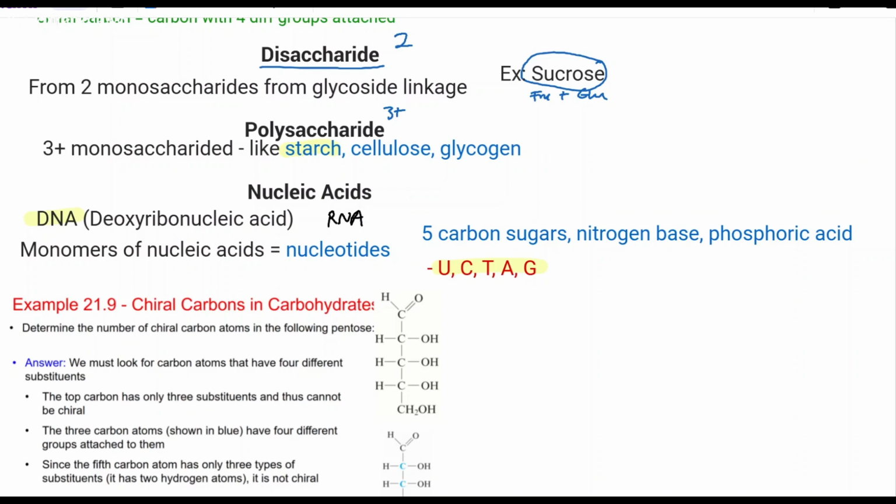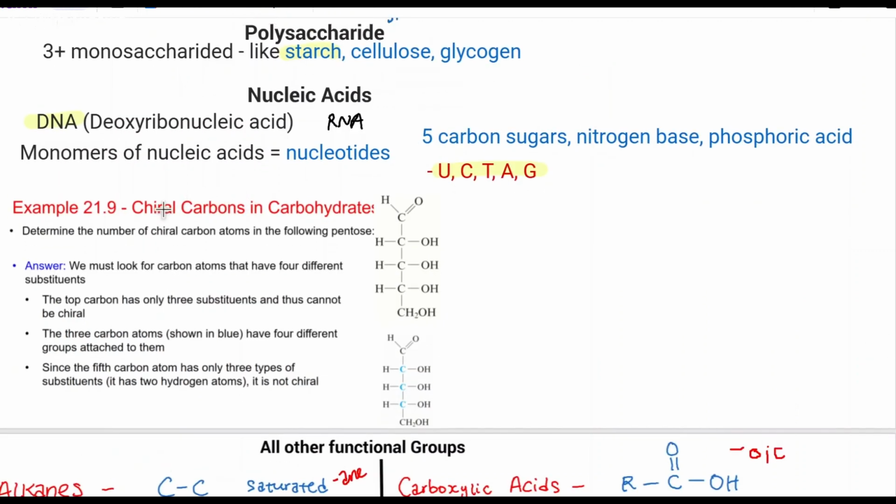And then chirality is coming back in this chapter. It's just to know which ones are chiral. It has to be connected to 4 different things, like it says here. And it's just these 3 in the middle that are chiral, because it's connected to this, OH, H, and another group.